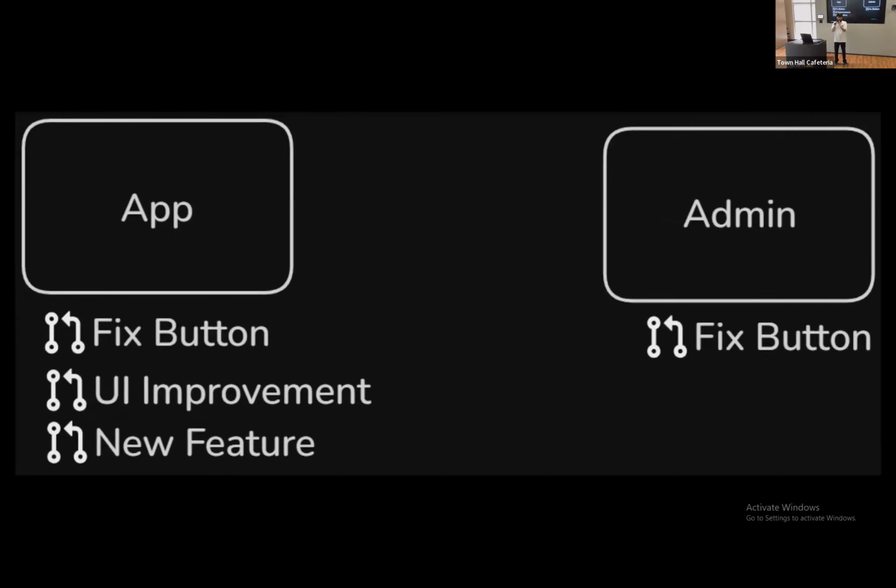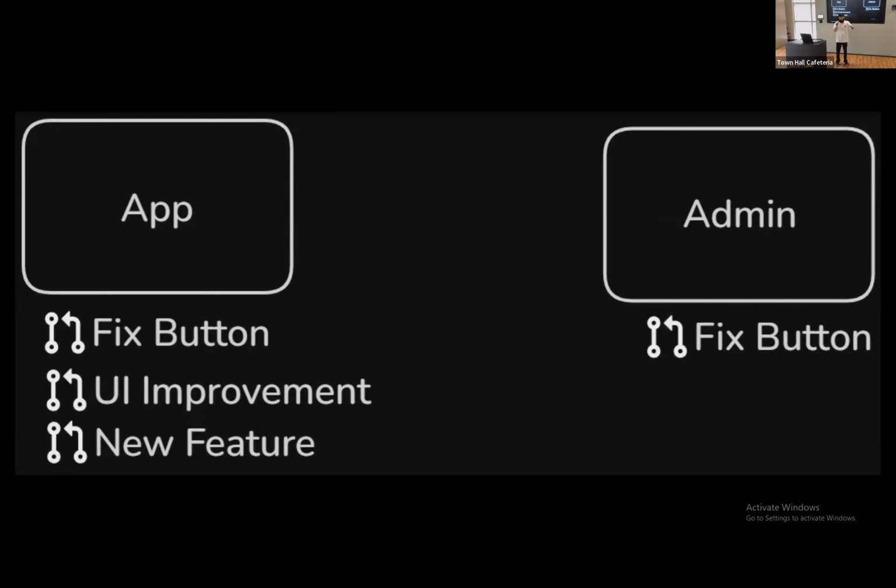Now, whenever he saw an issue on the admin side, he raised a concern, and we raised a PR for both the admin and the app. We were raising two PRs. Since the app is user facing and admin is not, we used to prioritize bug fixes and feature enhancements on the app side, and we forgot to do it on the admin side.